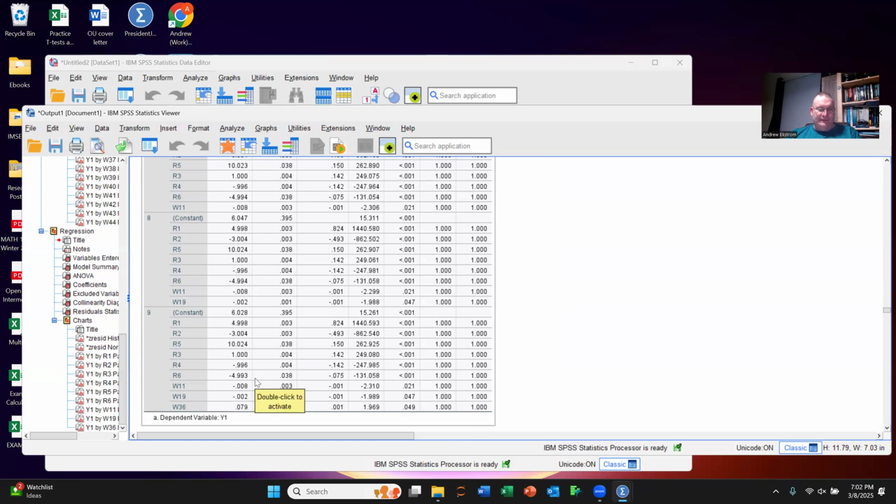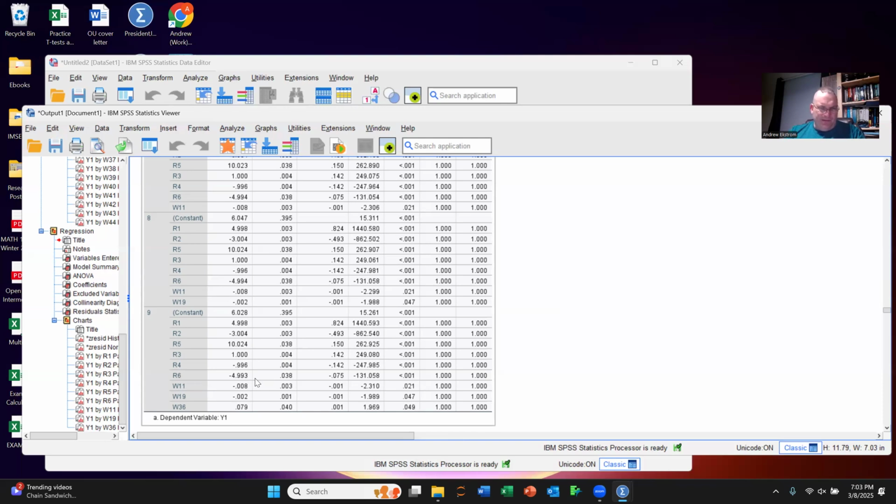So according to this, the model that we have is y equals 6.028 plus essentially 5 times R1 minus 3 times R2 plus 10 times R5 plus 1 times R3 minus 1 times R4 minus 5 times R6 minus 0.008 times W11.